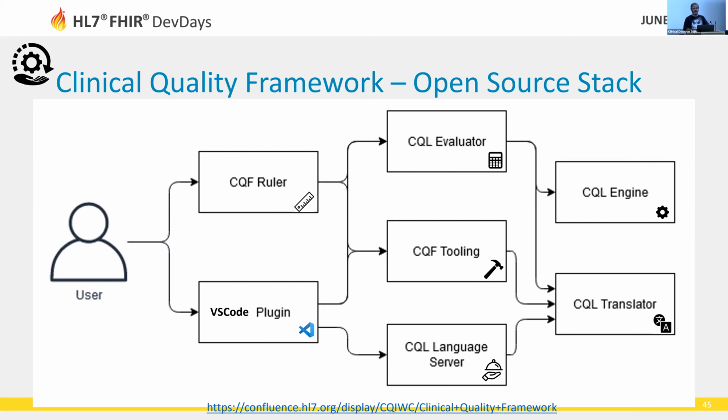Like with eCQMs right now, they're distributed as computable platform independent representations. Then they're run in a variety of different infrastructures, right? Some of the EHRs take them internally, ingest that content, and run it locally on their systems. Some of them have reporting vendors that take the data, extract it out, and run it in a pipeline of their own. And some incorporate it into decision support and run it that way.